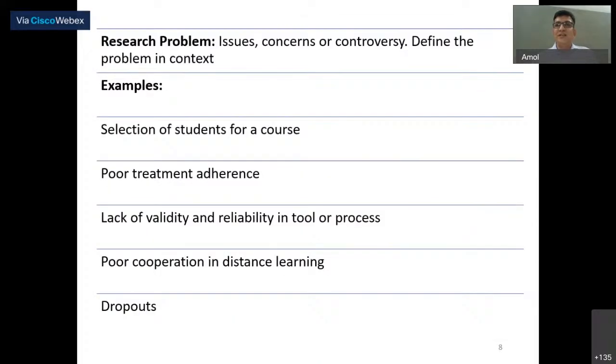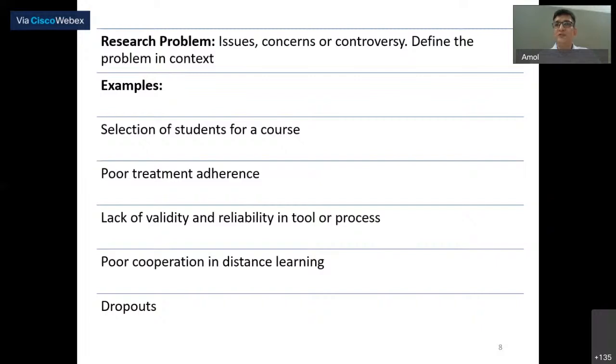Now, the next thing, let's see some example here. What I mean by problem statement. Say in educational research and even in clinical research, I think everywhere we have to specify the problem. And what is the definition of problem? Problem means issue, concern, or controversy.